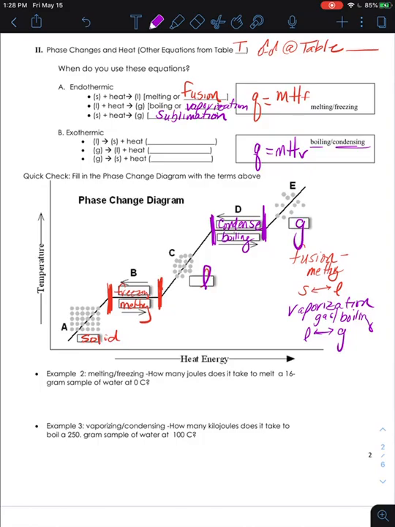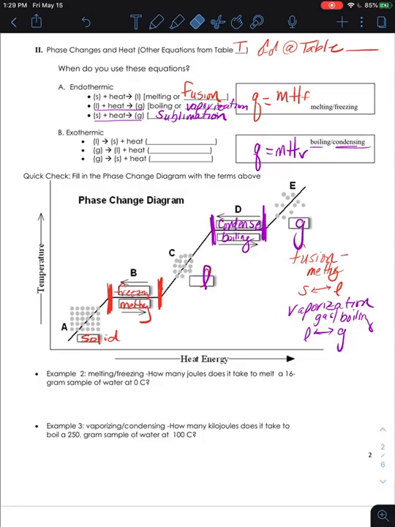And we can see that when it's going from a liquid to a gas, sublimation you don't have to worry about for all intents and purposes. Sublimation would be going from here to here, and we're not really going to pay attention to that in high school chemistry.